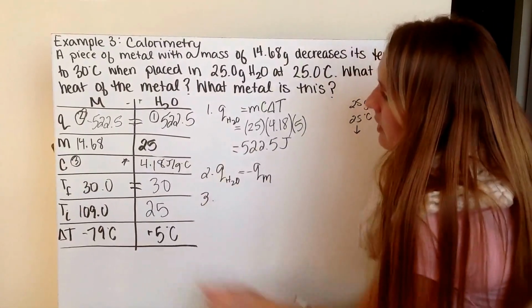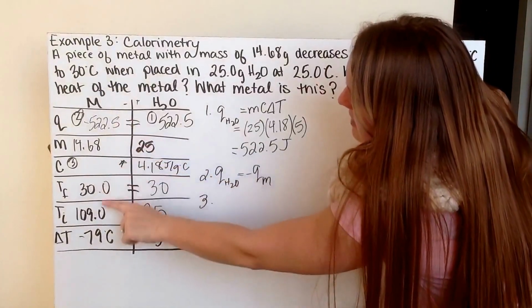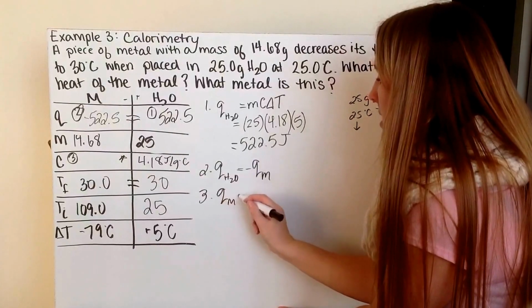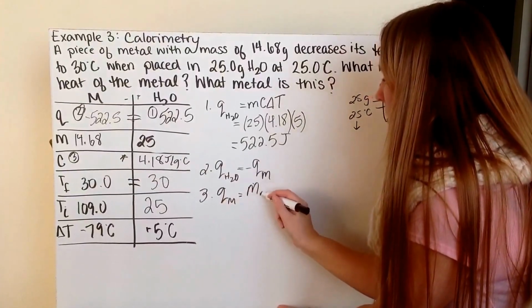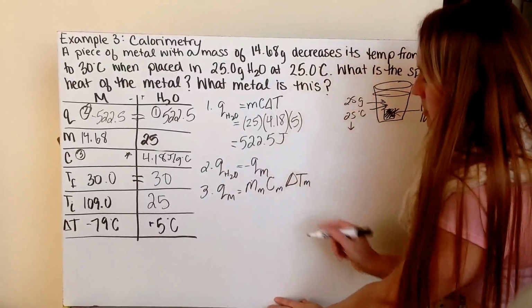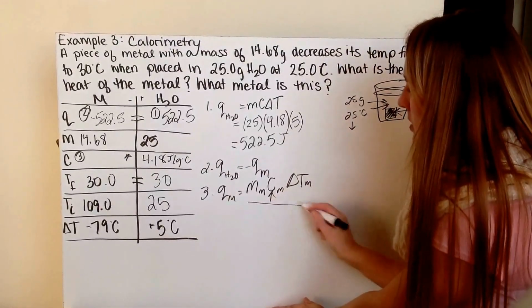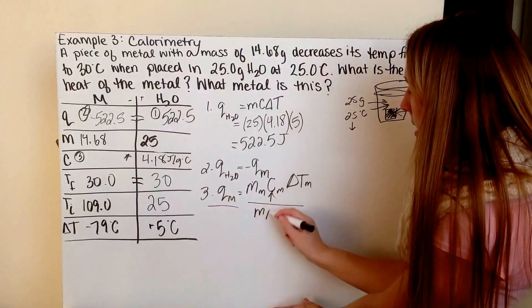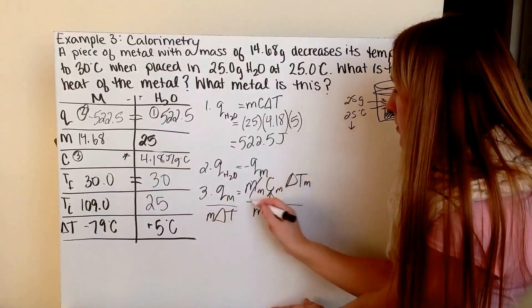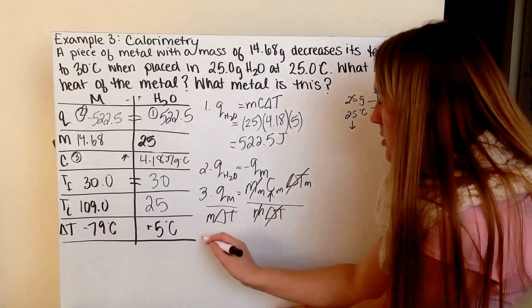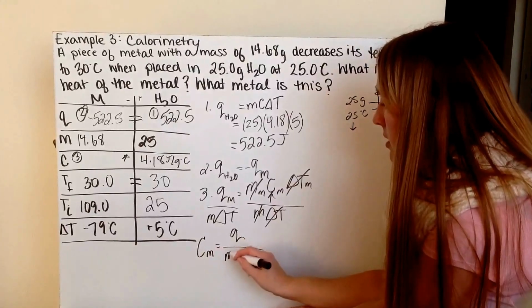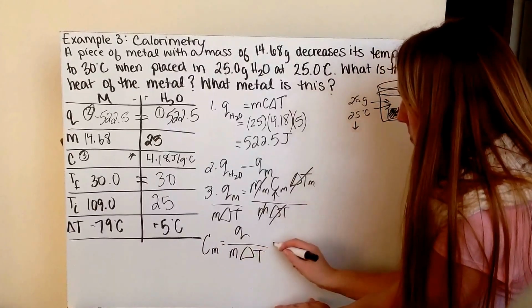Now step 3, I have my Q, my mass, my change in temperature. I can solve for specific heat. Q of my metal is equal to the mass of my metal, specific heat of my metal, change in temperature of my metal. Looking for specific heat, so I divide both sides by mass times change in temperature. So specific heat of my metal is equal to Q over mass times change in temperature.